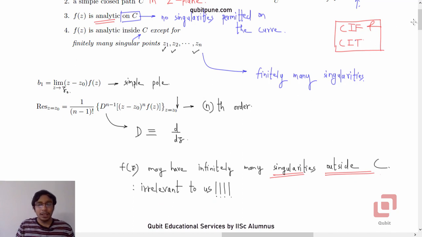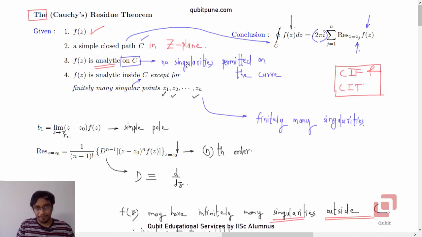Now the thing is, when is the residue theorem preferred over the Cauchy's integral formula?